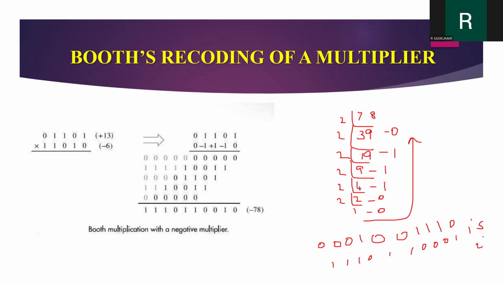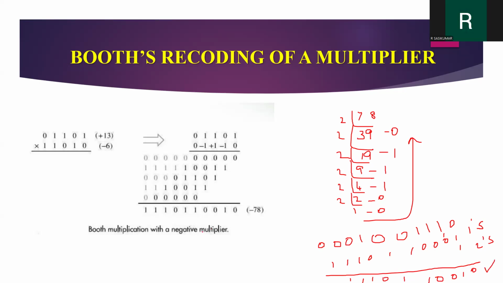And again, 2's complement means you add 1 at LSB. You add 1 at LSB and 1 plus 1, 0, carry 1. Okay. So 1 plus 0, 1. 0, 0, 1, 1, 0, 1, 1, 1.